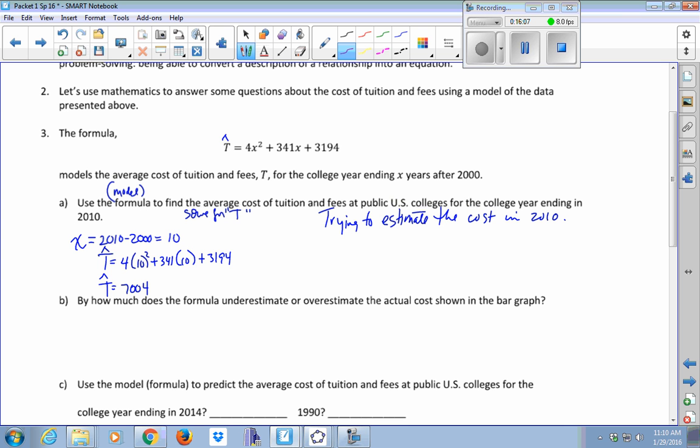So if I were answering this on a project, if I was finding this answer and then writing a sentence to describe it, what's really important is that you recognize that 7,004 is an estimate. It's not the actual average of tuition and fees for that year. So I would make sure any sentence I write uses the word estimate, or prediction if I'm going into the future. So I would do something like this.